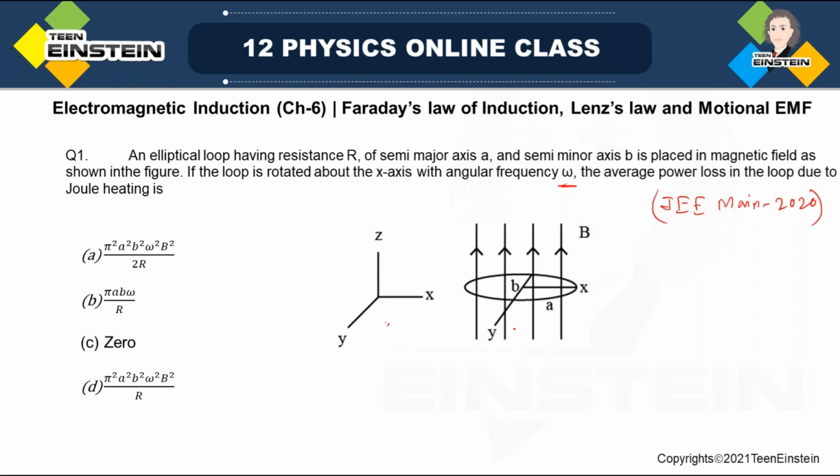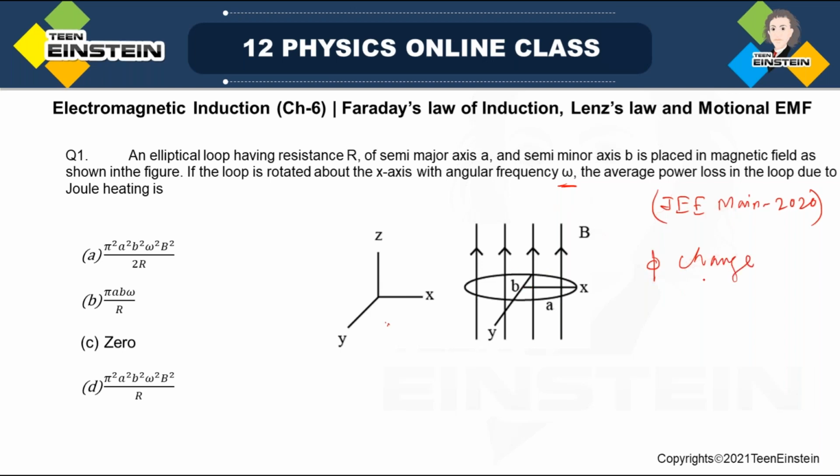Since this loop is rotated, what is happening? There is a flux linked with this elliptical loop. Now when this is rotated about the x-axis, the flux phi changes.